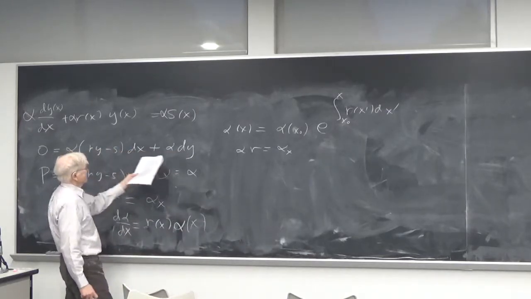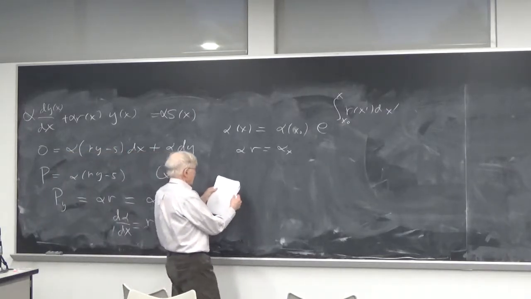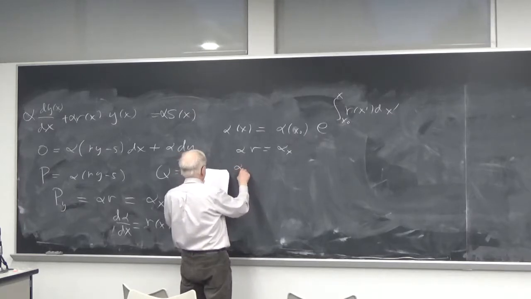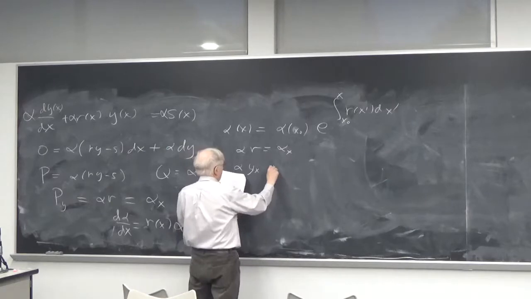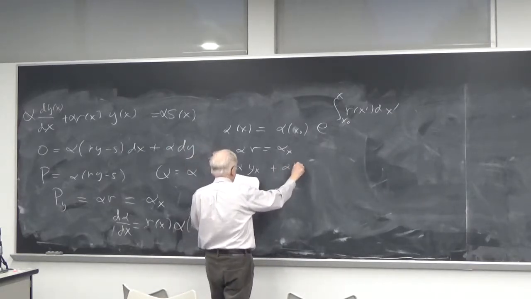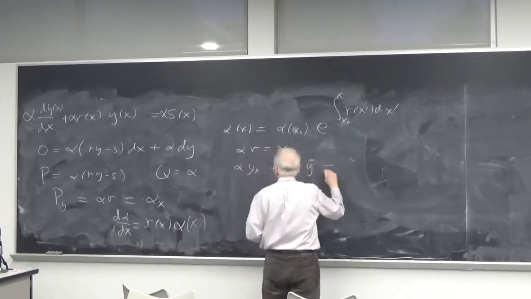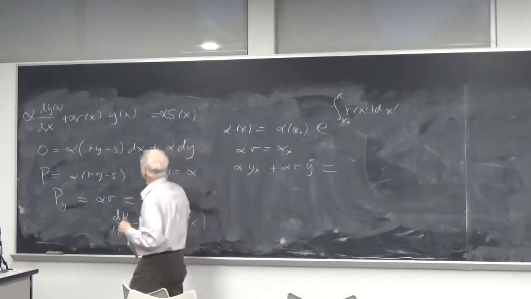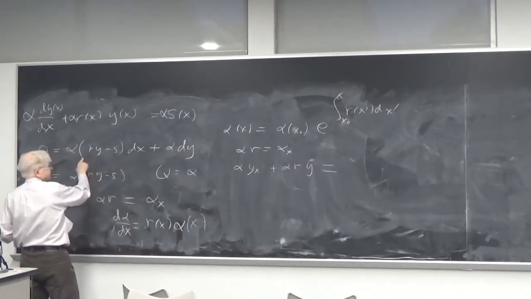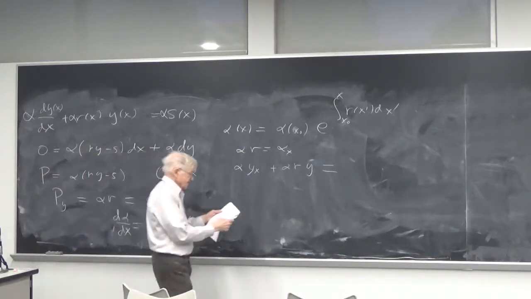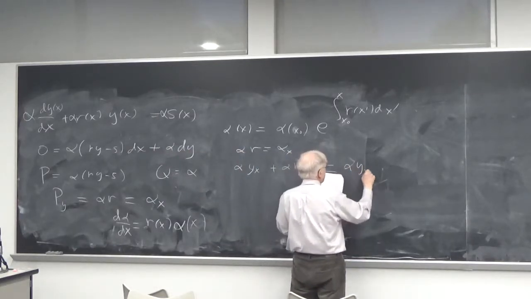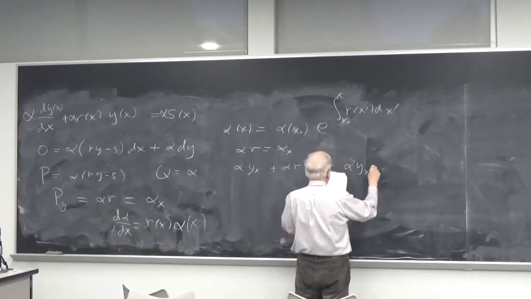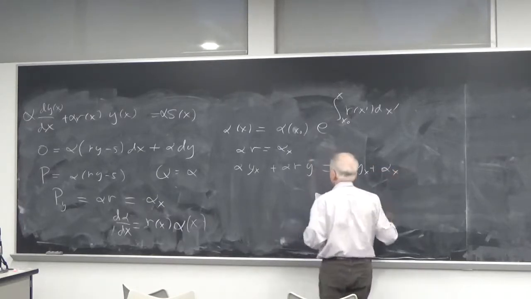So this original equation is now of the form alpha, the x derivative of y plus alpha r y. That is equal to alpha, the x derivative of y, plus the x derivative.